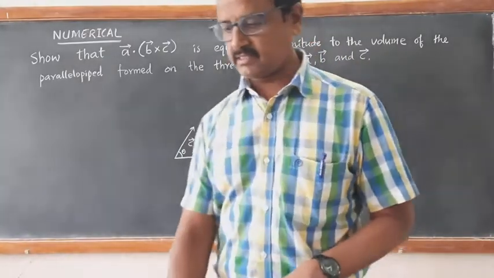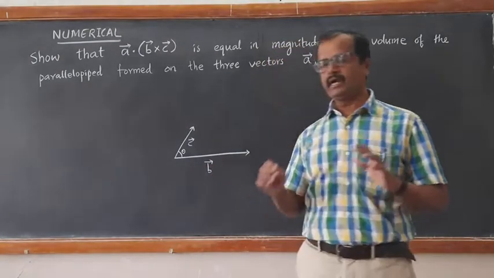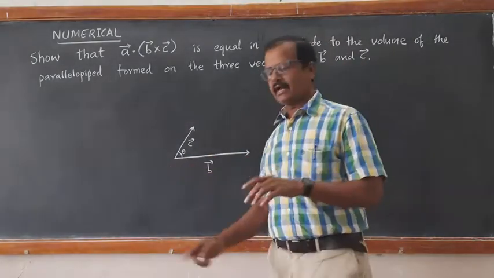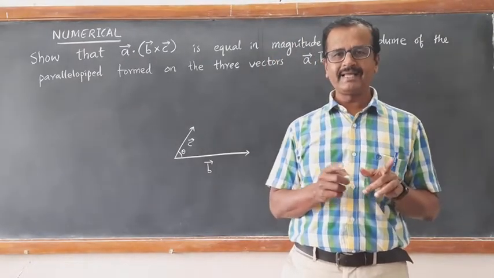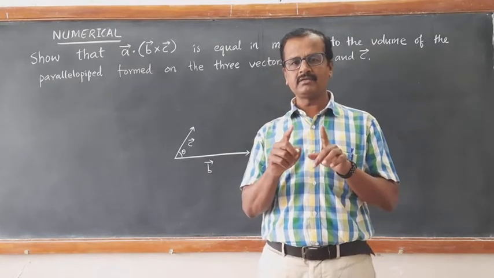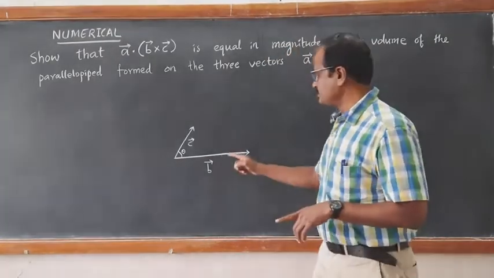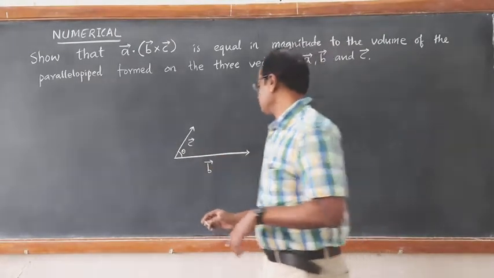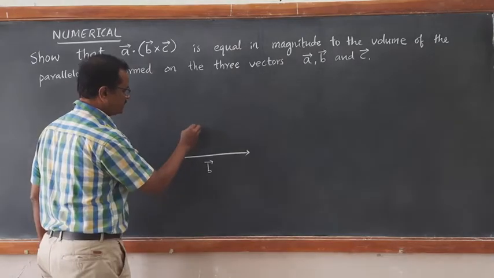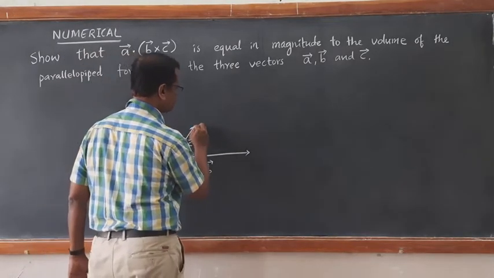Let us first recall that yesterday we saw that if B and C are two sides with an angle theta between them, then vector B cross C gives us the area of the parallelogram, out of which B and C are the sides. So I have drawn vector B as the base and vector C as another side. Complete this parallelogram.